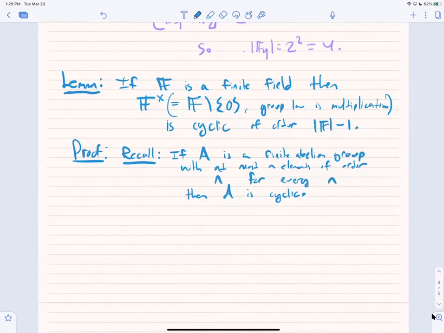This is the criterion we're going to verify. So if A is an element of F cross such that A to the n is equal to 1 in F cross, where 1 is the identity in this group, then A is a root of x to the n minus 1.